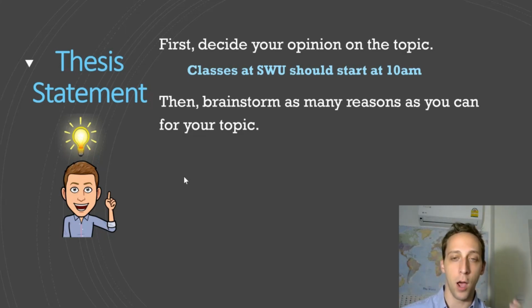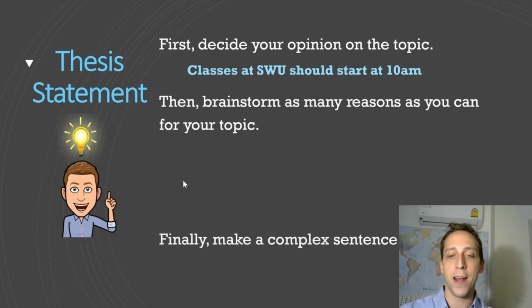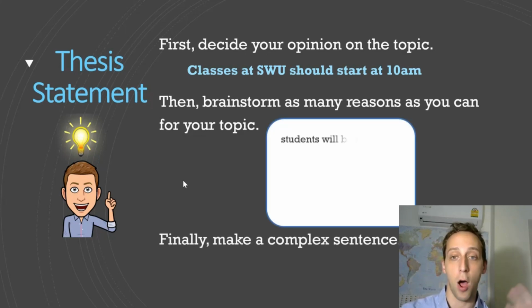I'm going to go on a piece of paper or a Word document and brainstorm as many reasons as I can why classes at SWU should start at 10 a.m. And then finally, I will make a complex sentence.